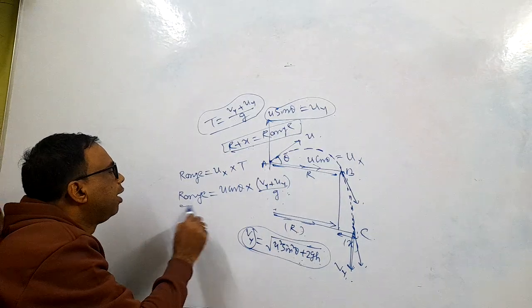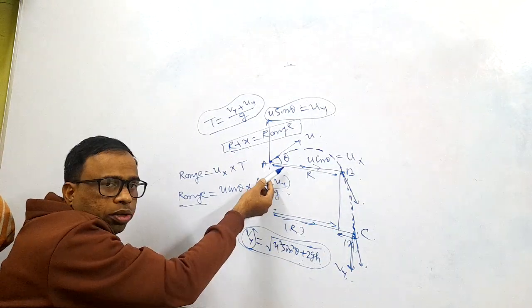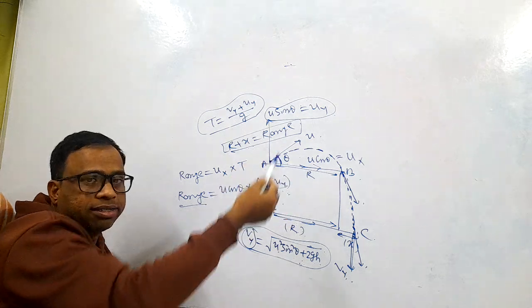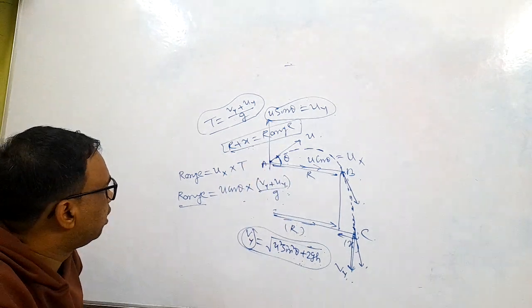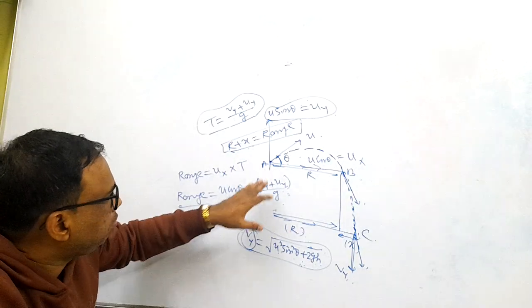That is the range of the projectile. Whenever you throw the projectile making an angle theta at a certain height, you get the range very easily from this method.